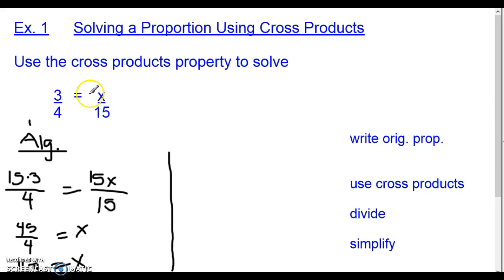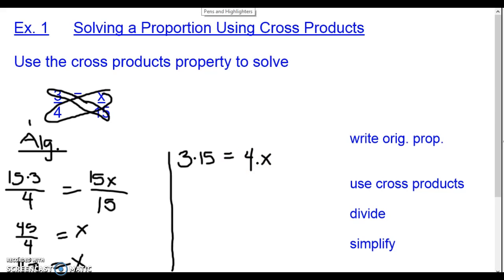So here I know that my diagonals, so these two have to equal these two when they're multiplied. So 3 times 15 is going to equal 4 times x. And I want to show you where that is in our problem. So this 3 times 15 is showing right here.